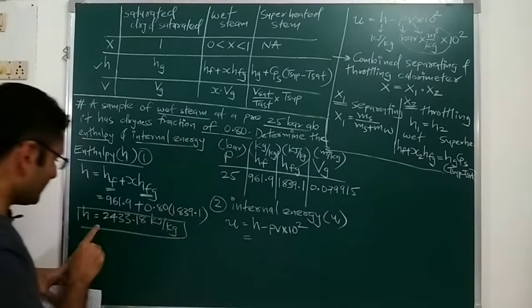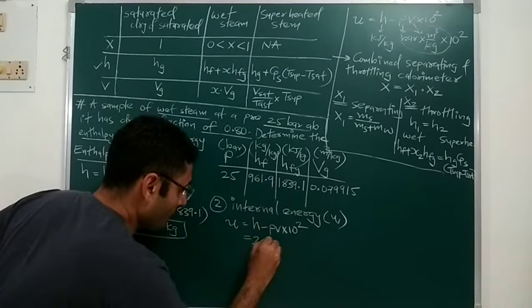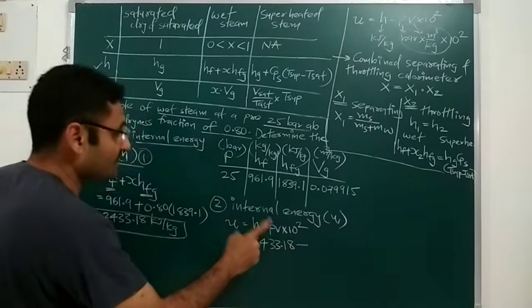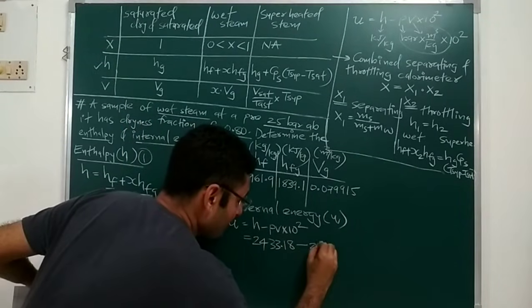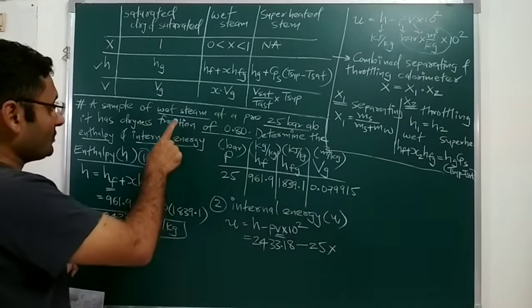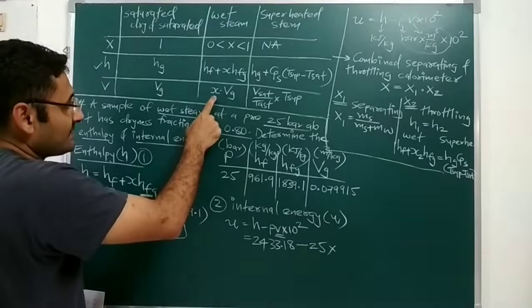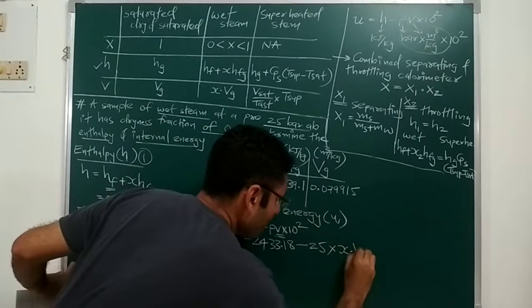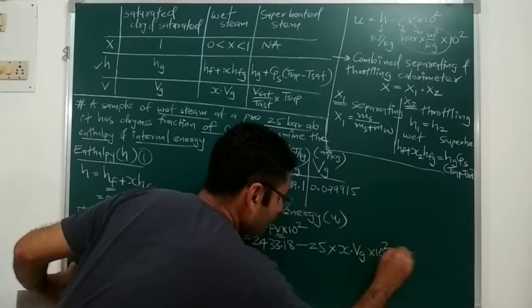Now value of H, that you know, which is 2433.18 minus pressure is given, which is 25 bar. So it is 25 bar in volume for which steam? Volume for wet steam. Volume for wet steam is X into Vg. So instead of V, I will write X into Vg whole into 10 raised to 2.